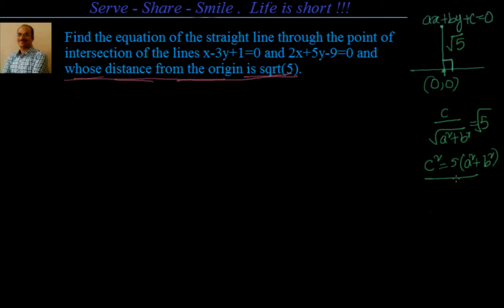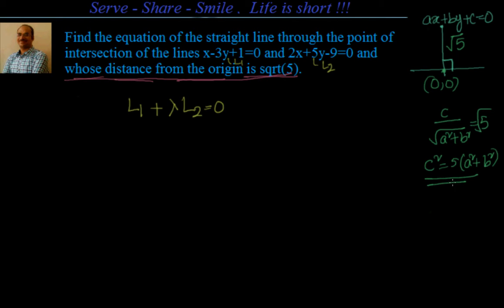So why are we going through this? Because we will now use L1 plus lambda L2 equal to 0 and we will find out the equation of the straight line which is passing through the point of intersection of L1 and L2. This is L1 and this line is L2. We will find it out. We will convert that into the form of ax plus by plus c equal to 0.